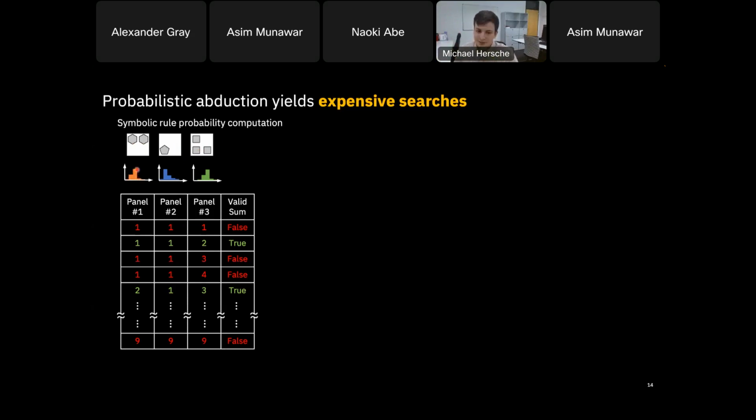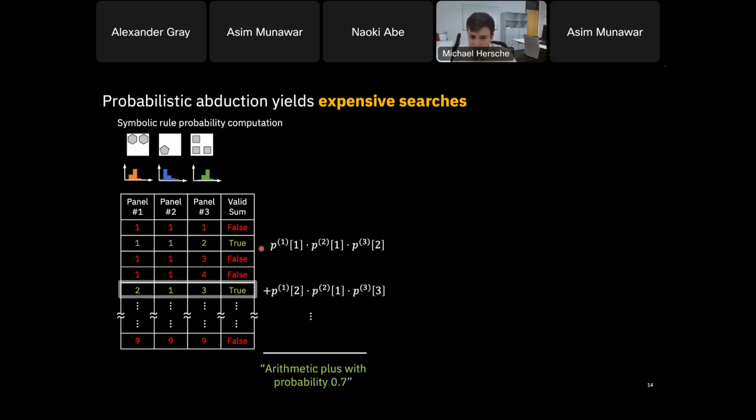For estimating the probability that a certain rule, the arithmetic plus, is present, we set up a truth table, and we essentially go through this truth table, and for each of the valid configurations, we multiply the probabilities together and sum them all up. Finally, we get to some conclusion that arithmetic plus is present with a probability of 0.7, for example.